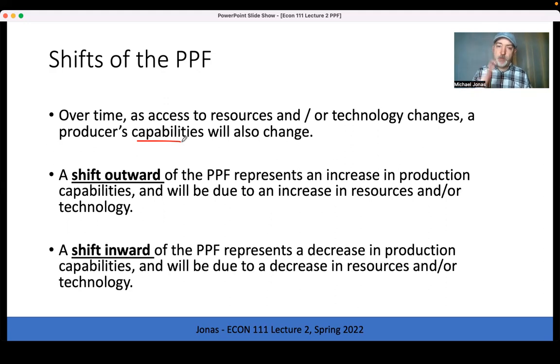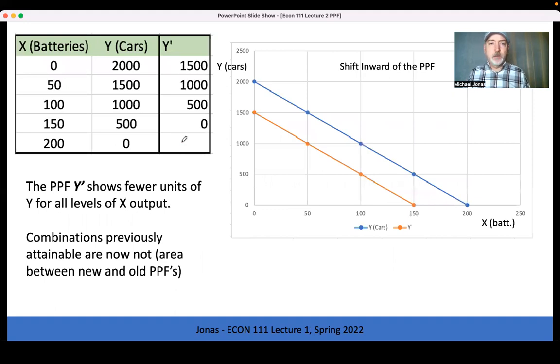And when you see that PPF shift inward, getting closer to the origin, the area representing feasible combinations is getting smaller and smaller. That's going to be due to a decrease in access to resources or a decrease in the level of technology. Not what you want to see. And it might look something like this.